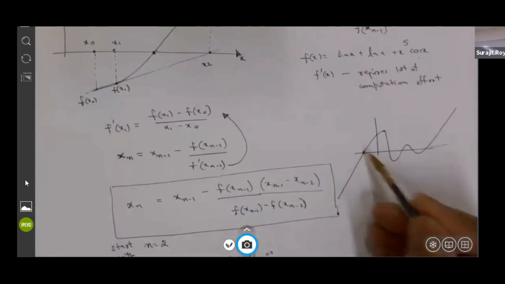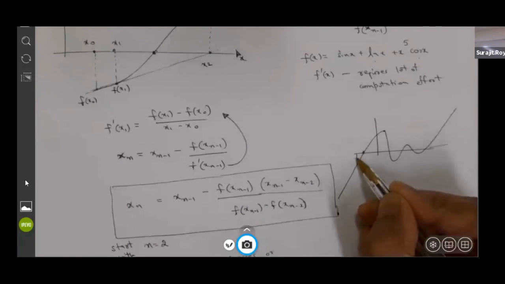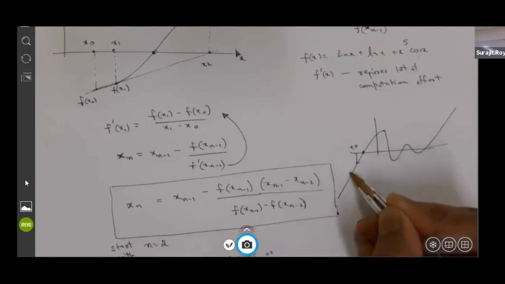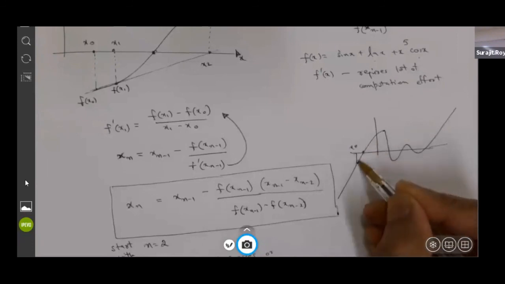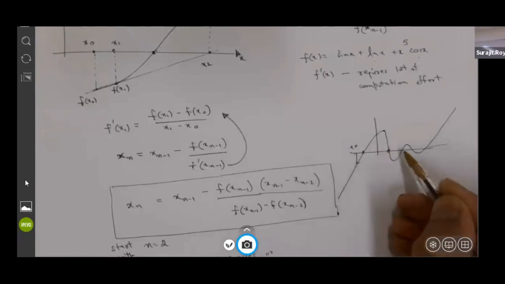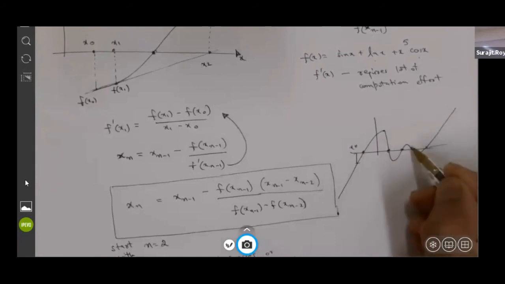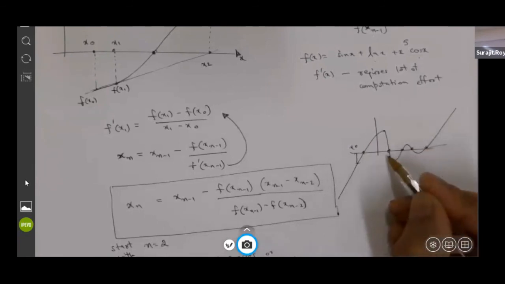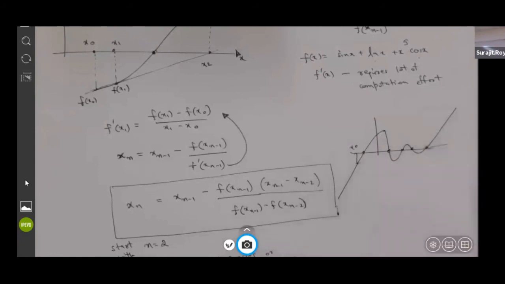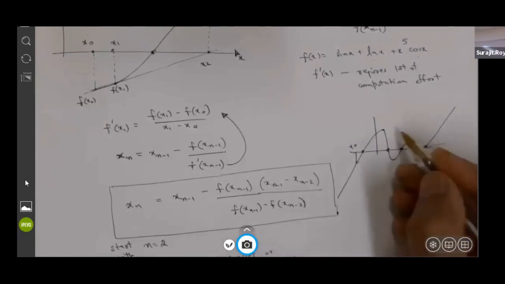In that case, you start with this value as the initial guess, and you may converge to that root, or you may go to this root. These are all roots of the function, and there is no guarantee that you will reach any one root. It depends on the generic nature of the function.